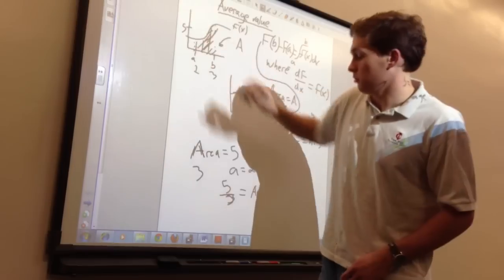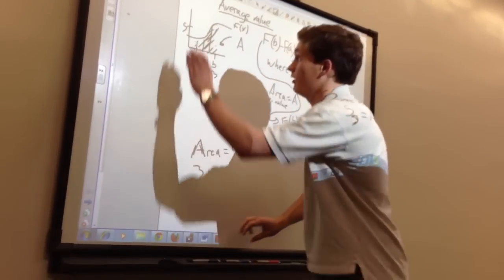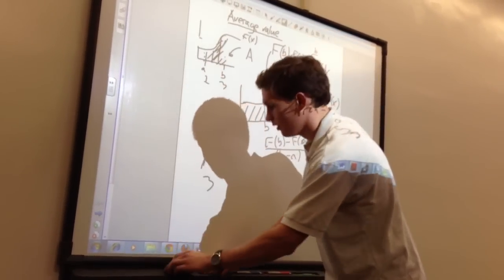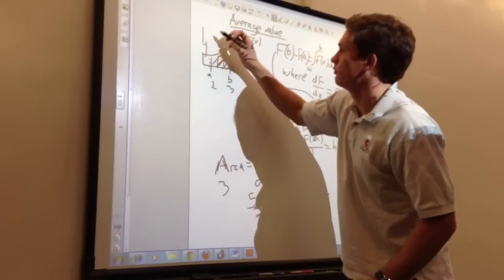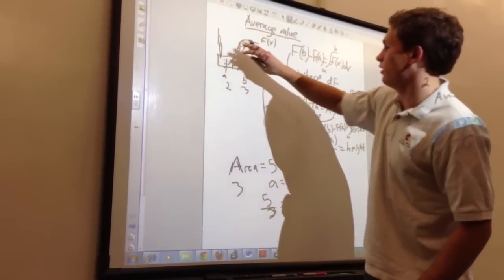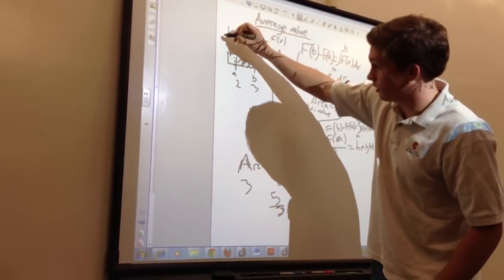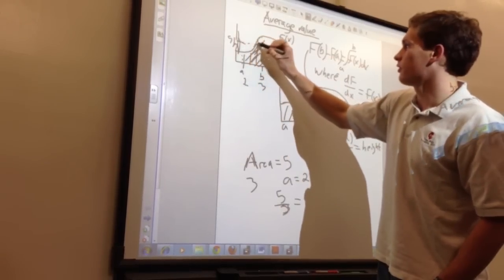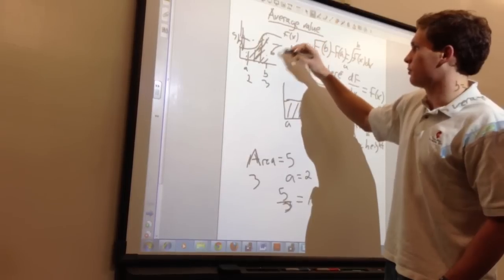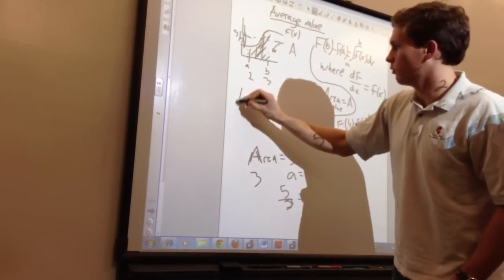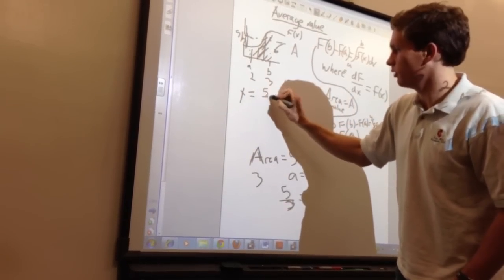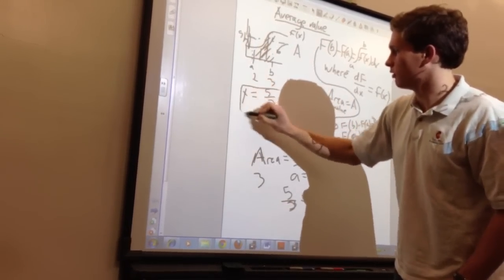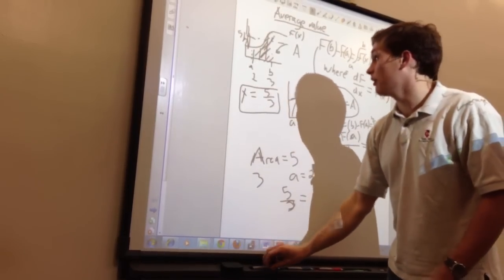Excuse me, I misspoke, ignore that typo. This value right here is what we just calculated to be 5/3. This line represents the average value, y equals 5 over 3. And there we have the average value.